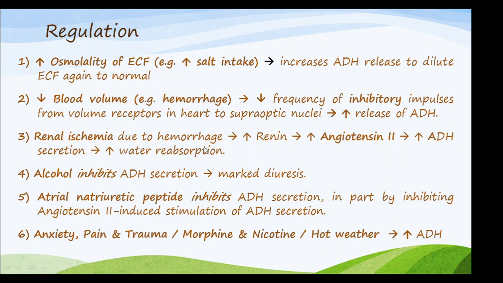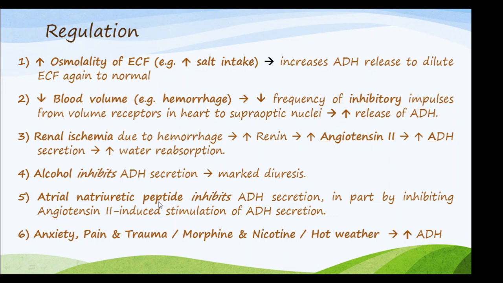Renal ischemia due to hemorrhage causes increased renin concentration, which leads to an increase in angiotensin 2, which ultimately leads to increased ADH secretion and increased water reabsorption. Alcohol inhibits ADH secretion, which causes diuresis, or an increased urinary volume output.